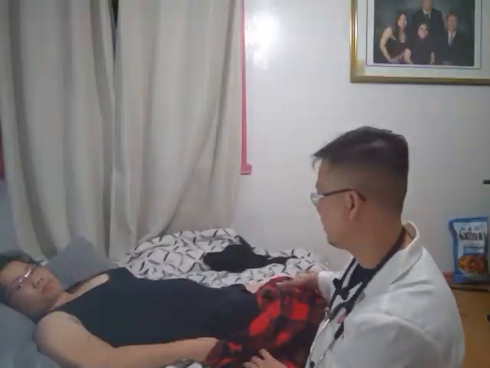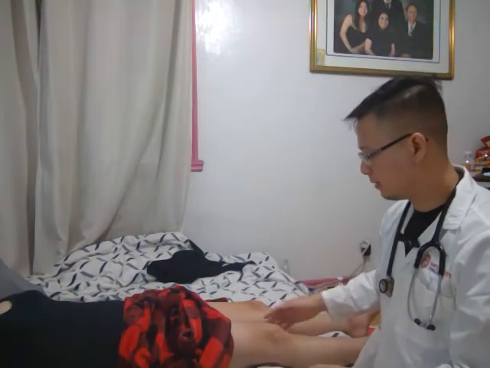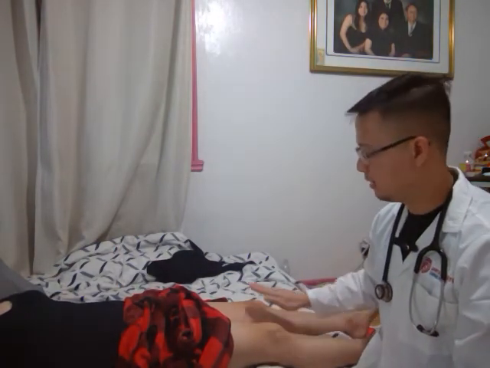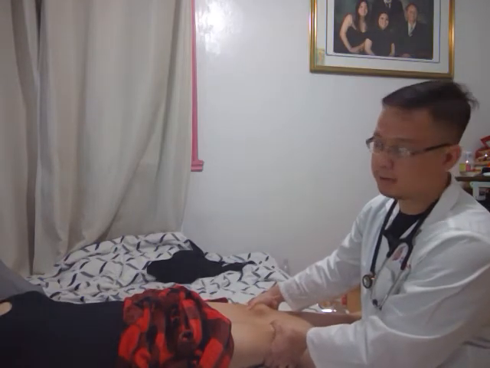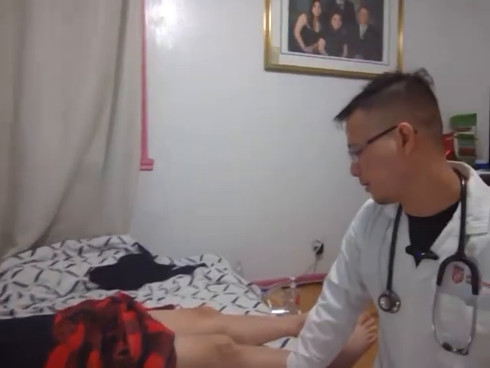Now we go down the leg to access the popliteal. We find the knee and check behind the knee, using both hands for the popliteal. It's felt bilaterally, and then we go down to the foot.